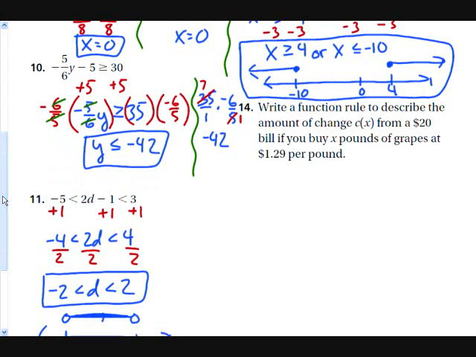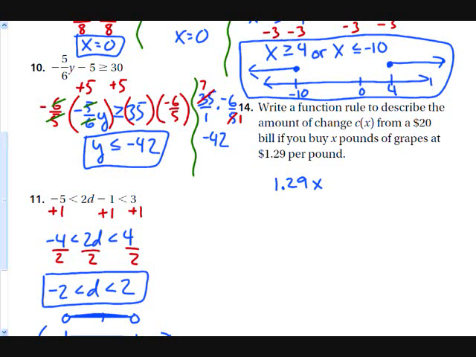For number 14, it says write a function rule to describe the amount of change, C of x, from a $20 bill if you buy x pounds of grapes at $1.29 per pound. Okay, so essentially what we're looking at here is we need to know how much the grapes cost, and we have to subtract that amount from the $20 bill. So if the grapes are $1.29 per pound, for the pounds, I'm going to call that x, so $1.29 times x.